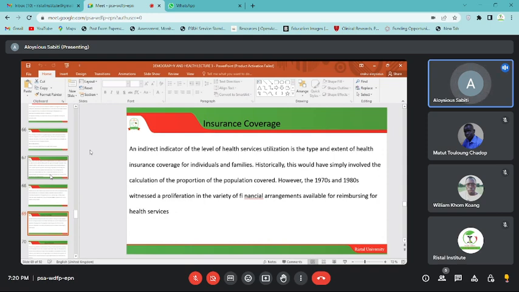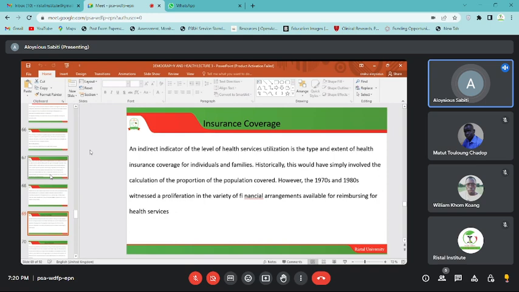In case of any illness, they will go and seek health care. So we would understand that this population that has insurance has good health-seeking behavior. Most times, in this indicator, we could just get the number of people who are covered vis-a-vis the population, and we would get our health-seeking behavior.